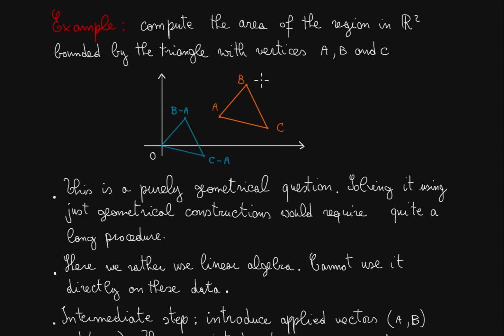This is a typical standard technique which involves the use of linear algebra on geometrical situations. The interface are applied vectors, but applied vectors are not algebraic objects, so we cannot use any algebra on them. Instead, we associate to applied vectors real vectors, use linear algebra, and then pull back the conclusion in the initial geometrical setting.